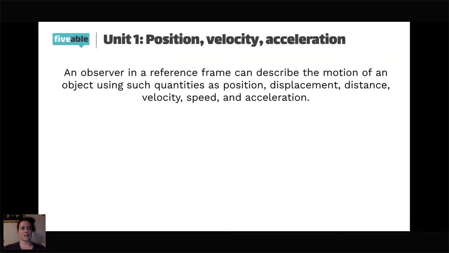An observer in a reference frame can describe the motion of an object using quantities like position, displacement, distance, velocity, speed, and acceleration. So these are the six things that we use to describe the motion of an object. And it's always important to focus on the same reference frame.